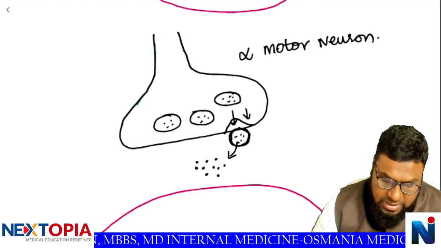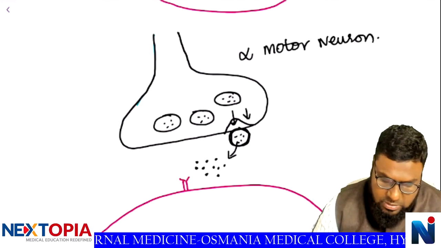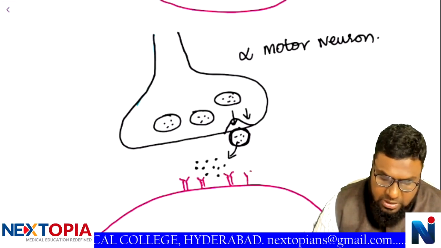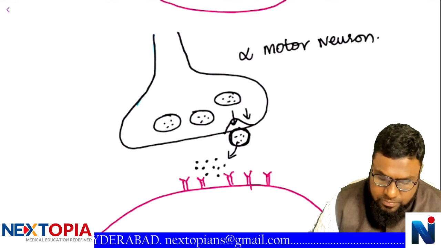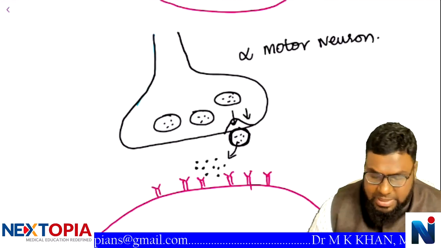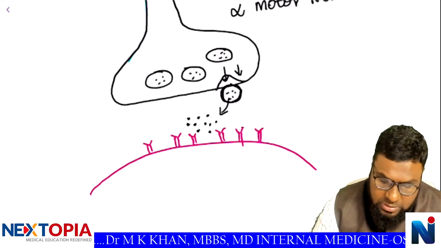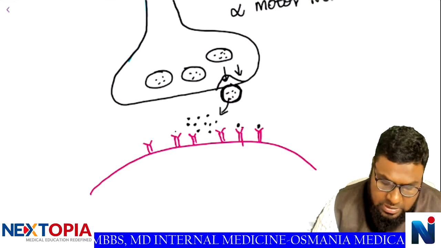This muscle has certain receptors. We call them nicotinic receptors, on which the acetylcholine comes and sits.